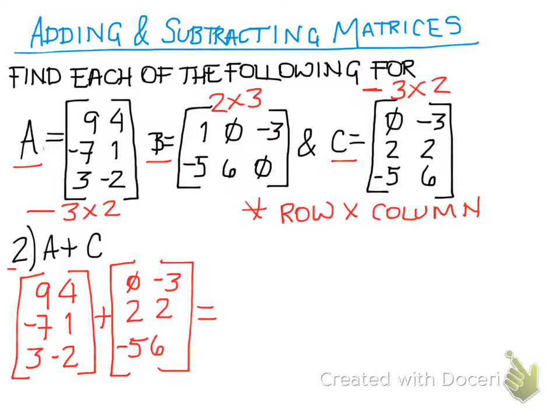Now we add the corresponding values within each matrix. So here's what that looks like. We add 9 plus 0, then 4 plus negative 3, negative 7 plus 2, 1 plus 2, 3 plus negative 2, and negative 2 plus 6.